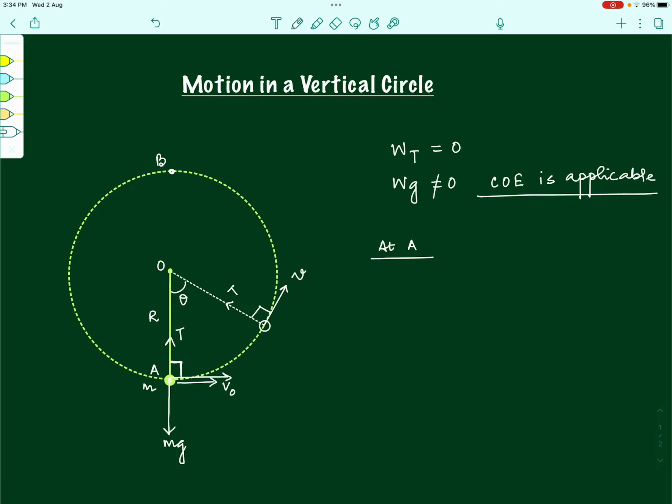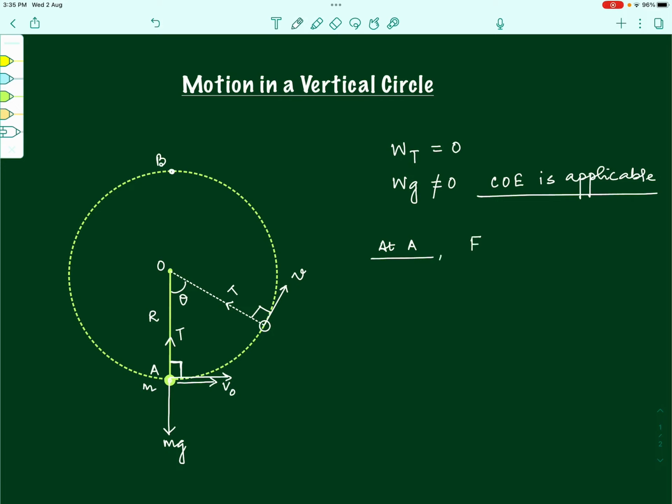What equation will that be? Since this bob is moving in a circle, it will be the equation for the net centripetal force acting on the bob, equal to the mass into the centripetal acceleration. I hope you all understand that when a body moves in a circle, it requires a centripetal force, the one that provides it with a centripetal acceleration.